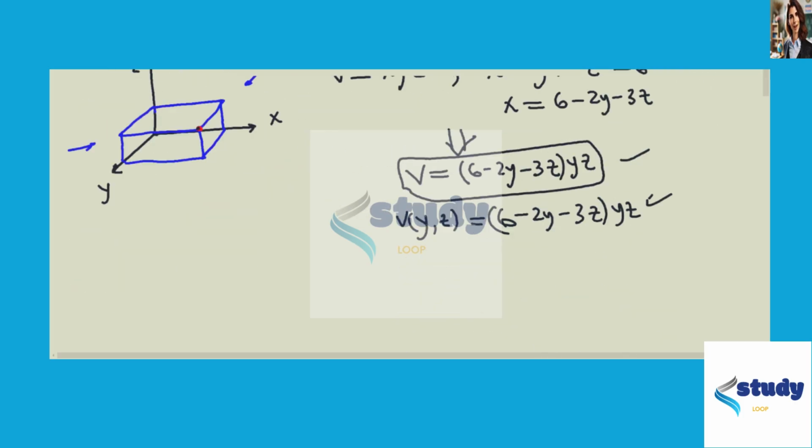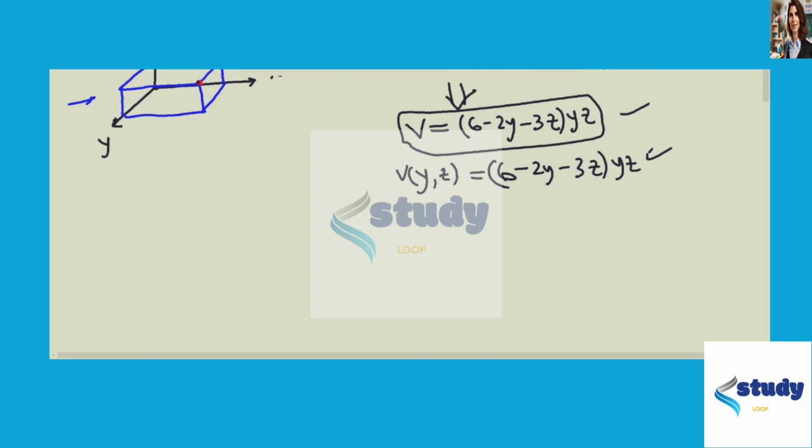So we would like to find the maximum value of this function, and for that, because we have two variables, we apply the two steps to find those maximum values, and that is first to find the critical points of the function. In this case, for the critical points we find the first order derivative of V, that is the partial derivative of V with respect to y.